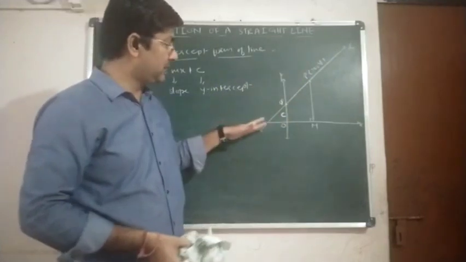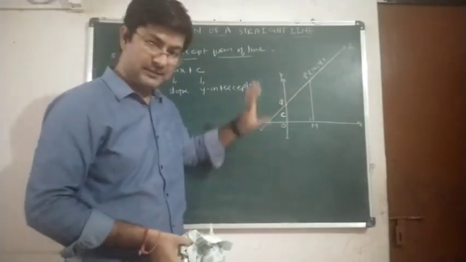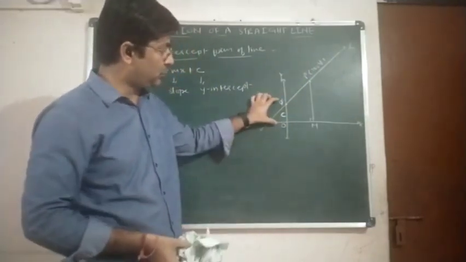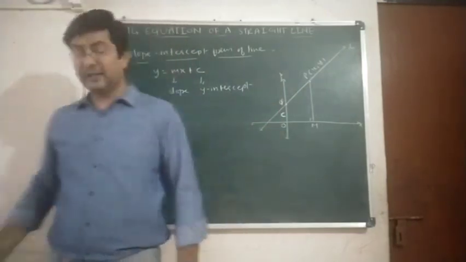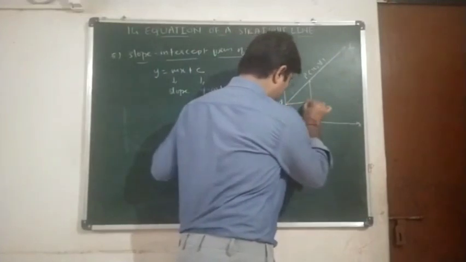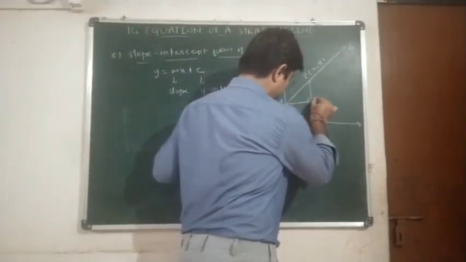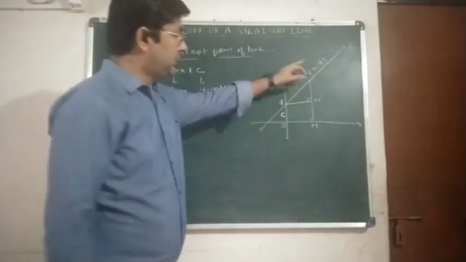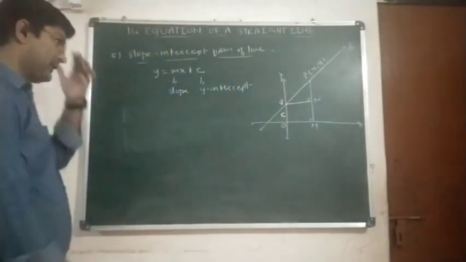The intercept made by the line on the y-axis is called the y-intercept. So OQ in this case is the y-intercept. Again from this point Q we will draw one more perpendicular, QN on PM.